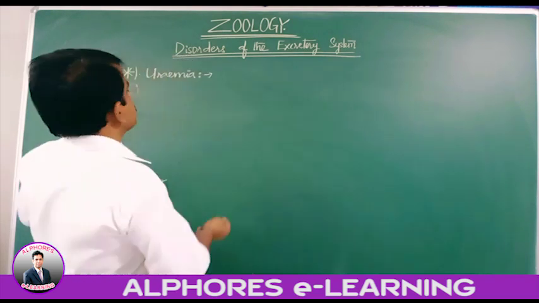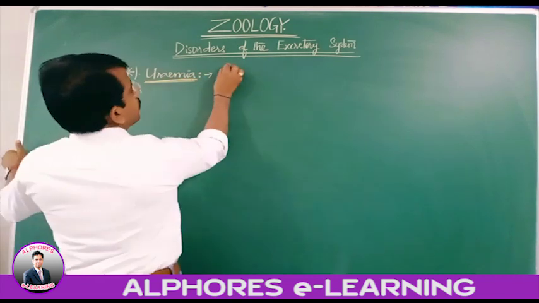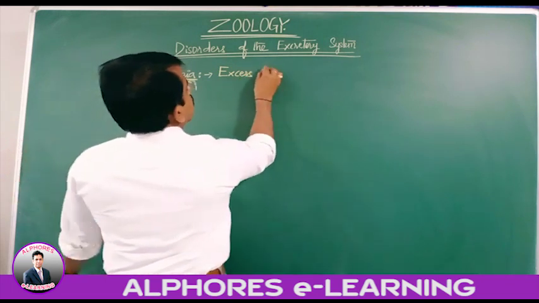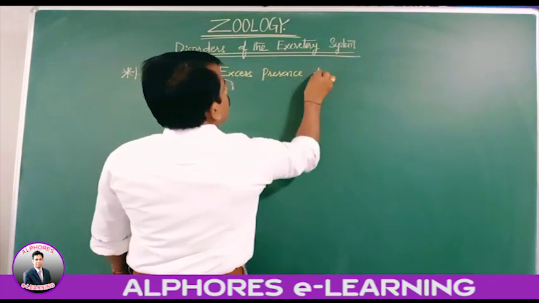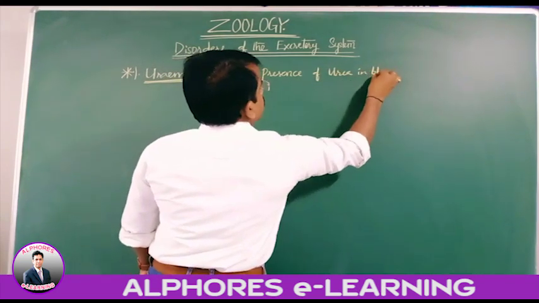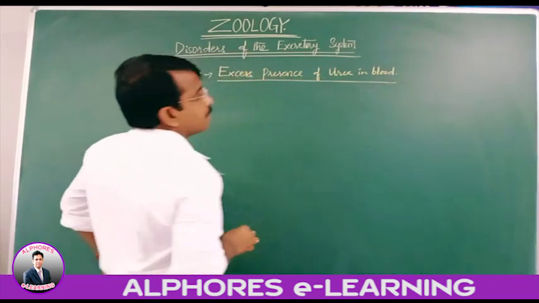That includes, first of all, uremia. Uremia means the excess presence of urea in blood, right? That is named uremia.